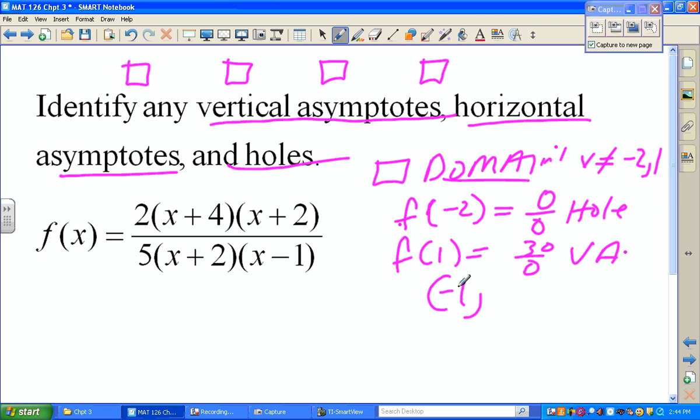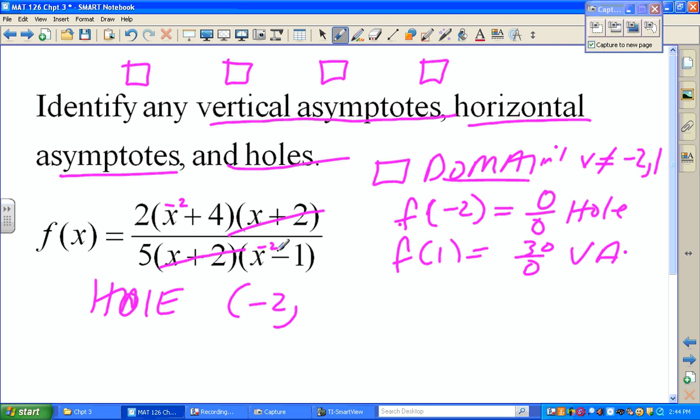So if the hole in the graph is at -2, how do you find the y coordinate? Actually, a hole in the graph is known as removable discontinuity. You actually remove the discontinuous part, and then you put the -2 into the result. So the hole is actually going to be at -2, comma, if you put in -2 for what's left, you have 4 over -15.